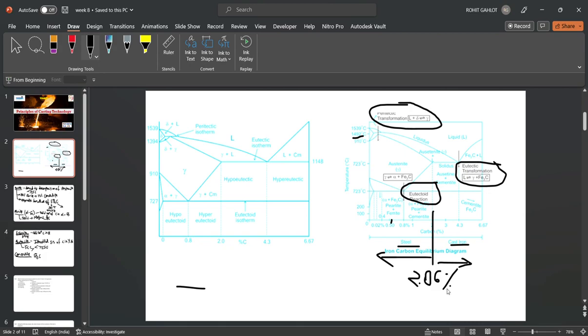Generally only hypoeutectoid alloys are used, where the carbon content is 0.02 to 0.8%.